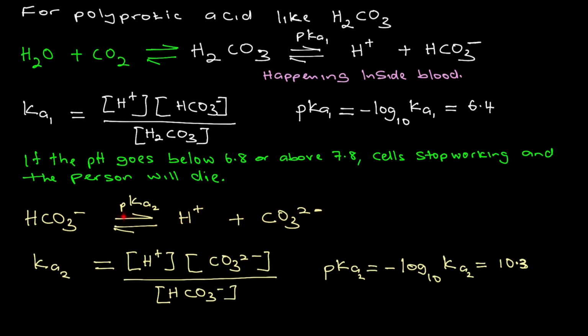This is the second pKa, and we can write the Ka2 expression, which will be the H plus concentration times the carbonate concentration divided by the weak acid here, and this one is 10.3. I can find Ka2 for this one, which is 10 to the power minus 10.3.